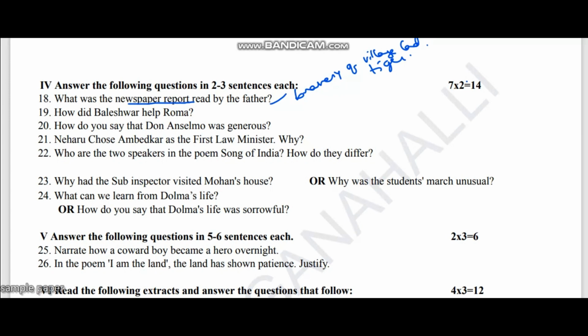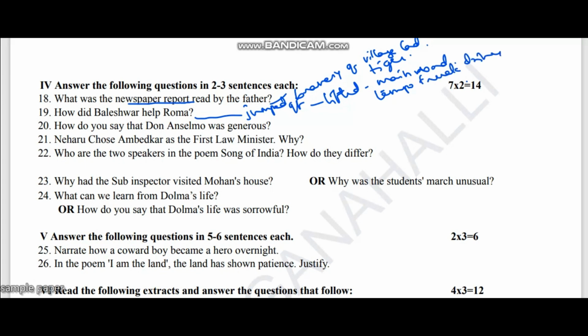How did Baleshwar help Roma? Baleshwar jumped off the moving train. He came to Roma. He lifted Roma in his arms and came to the main road. He wanted to take her to the hospital. He requested the motorist, and finally a tempo truck driver came and helped him.